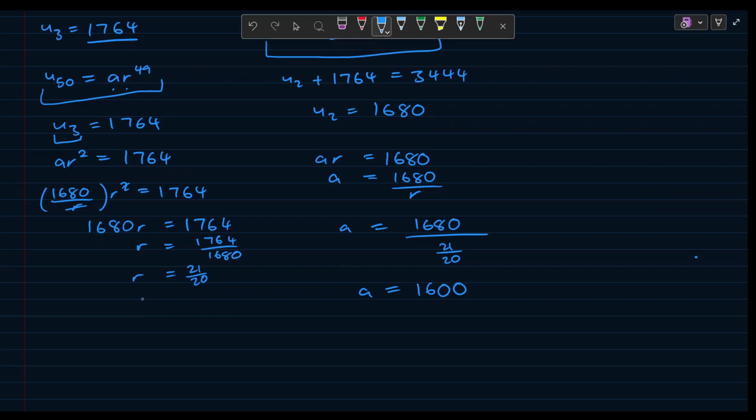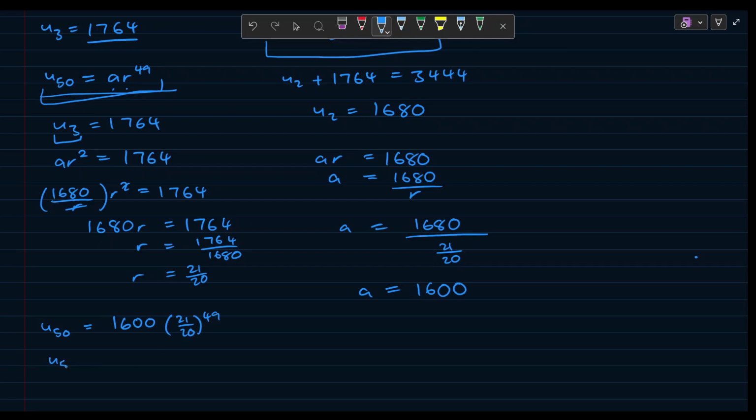Alright, so now that we've found both r and a, we can substitute into u50. So u50 is going to be ar to the 49, so that's 1600 multiplied by 21 over 20 to the power of 49.